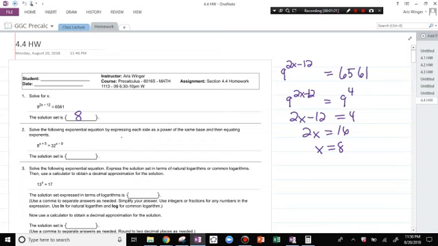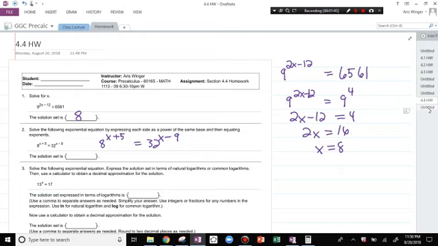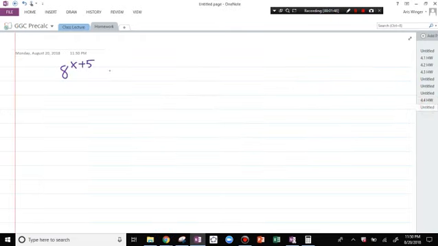Number 2 looks similar. It looks like everything here is a power of 2. You have 8 to the x plus 5 equals 32 to the x minus 9. Both 8 and 32 are powers of 2.